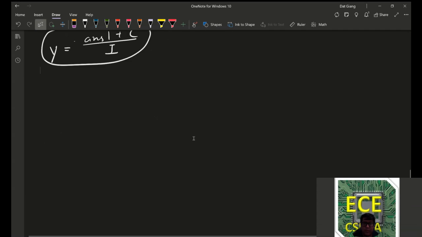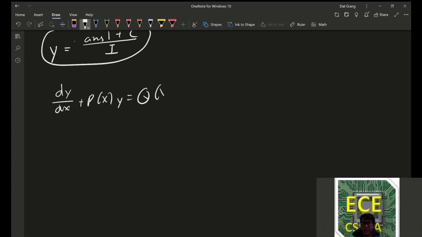Now, to enumerate the steps, given dy/dx plus p of x y equals q of x. Number 1, check the form. If it's matching the form given above, we move on. Number 2, check p of x.